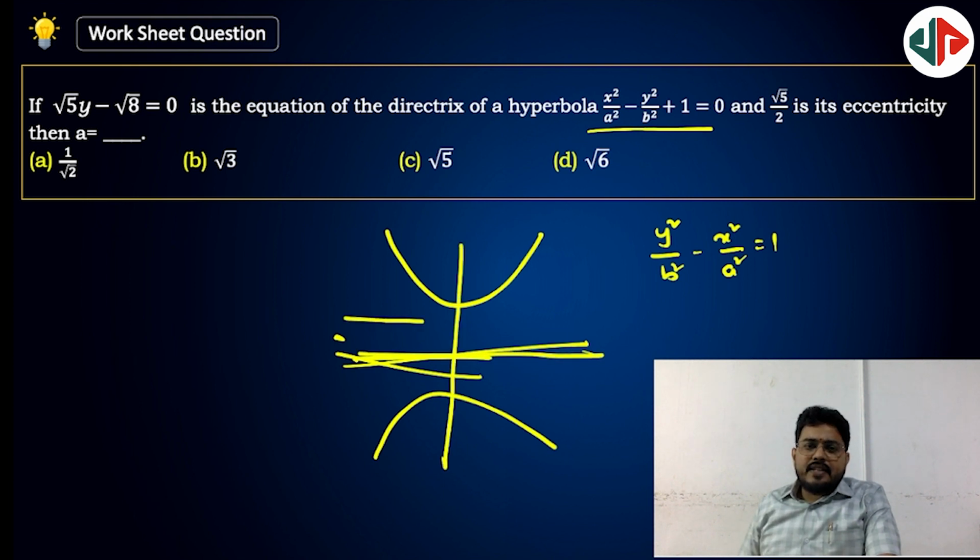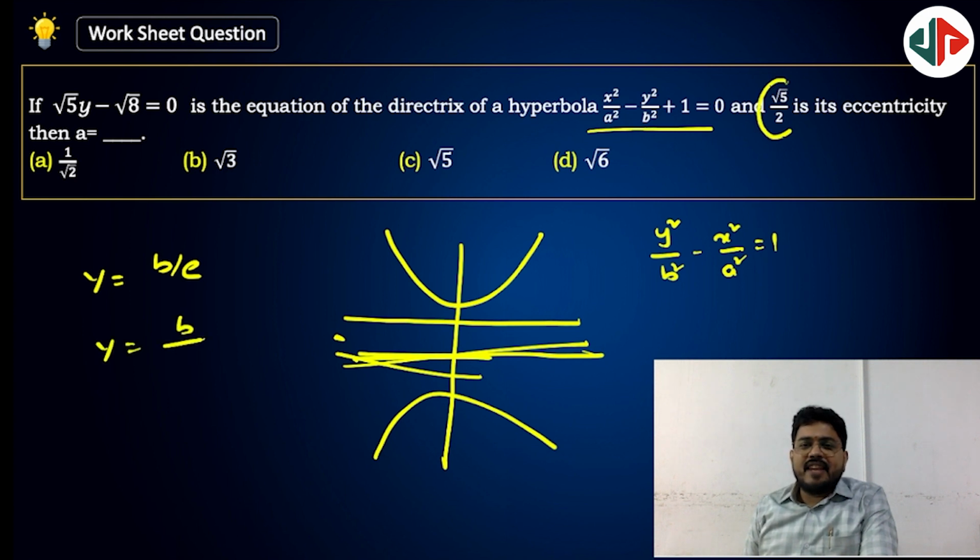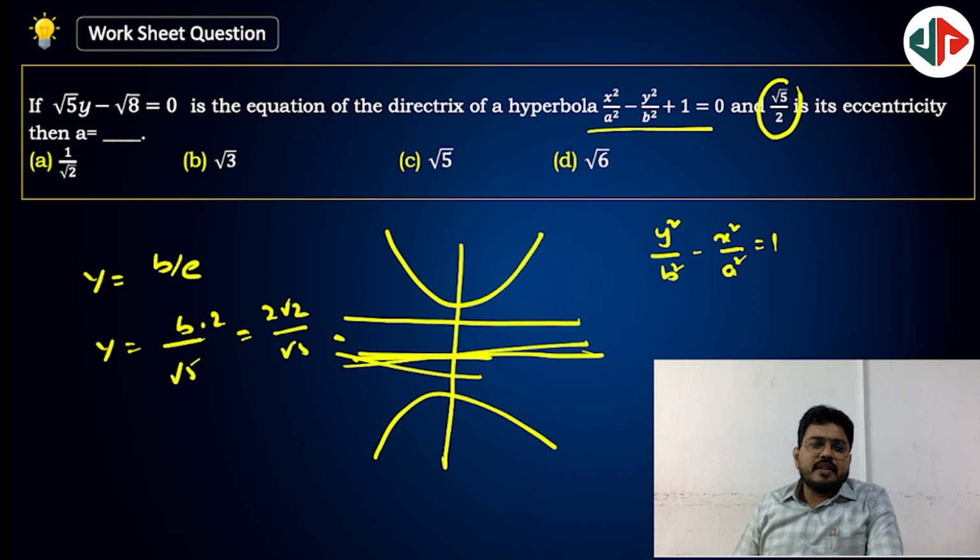So the directrix is this. So what is that? y is equal to b by e. So y is equal to b by the eccentricity, which is given as this. Root 5 into, is equal to 2 root 2 by root. So clearly b is equal to root 2.